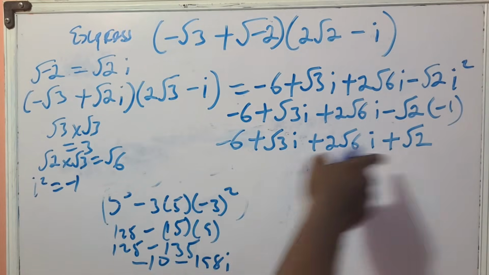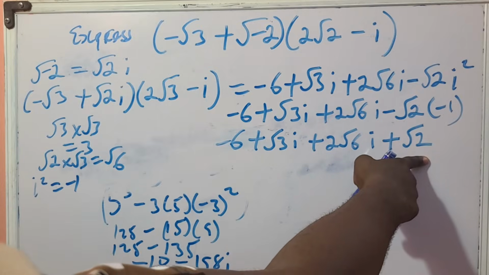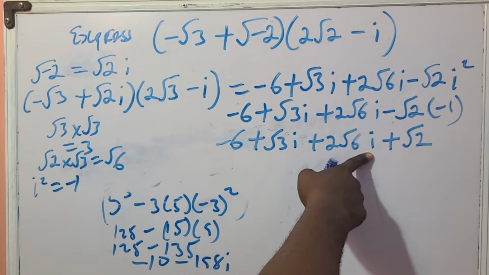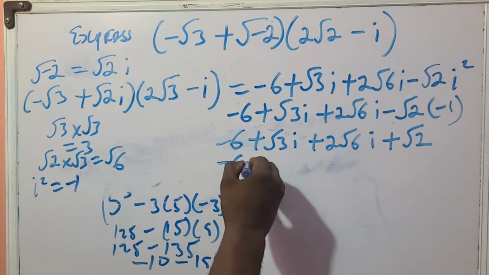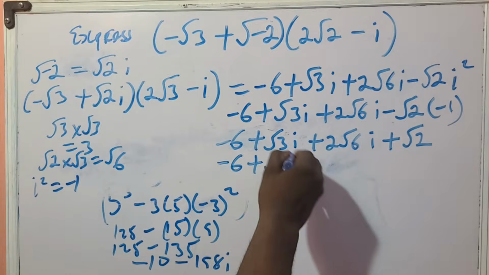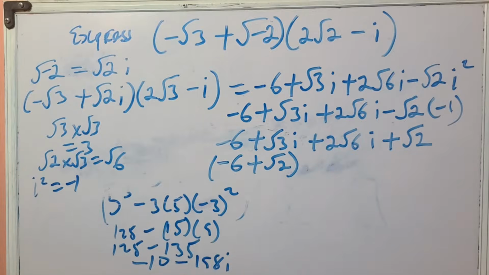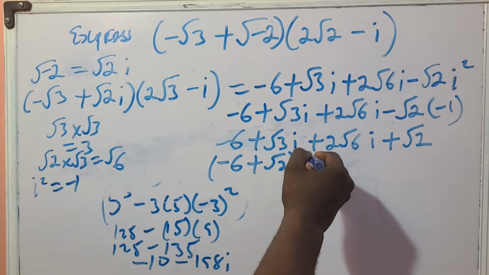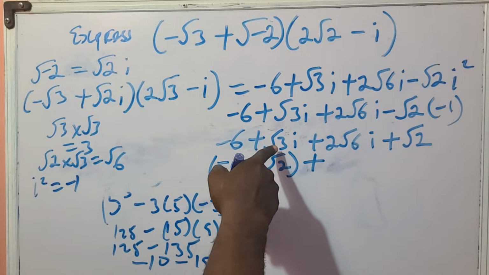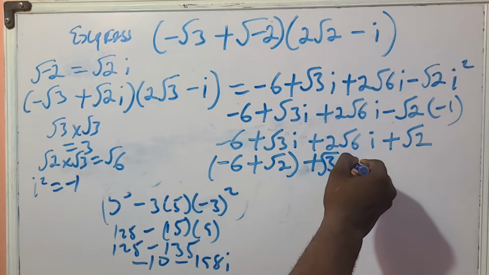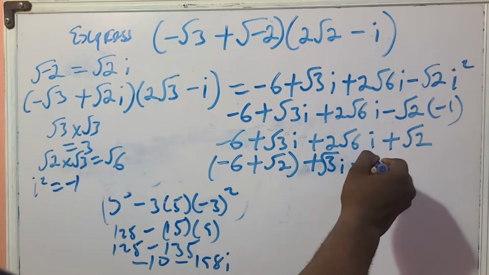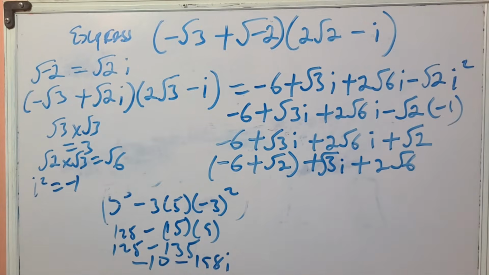These both don't have any imaginary aspects in them. These are the two that have the i. So we want to have -6 plus square root of 2. This will be seen as the real part. And then we have plus, okay, let me just write this so you can see, square root of 3i plus 2 square root of 6i. All right.